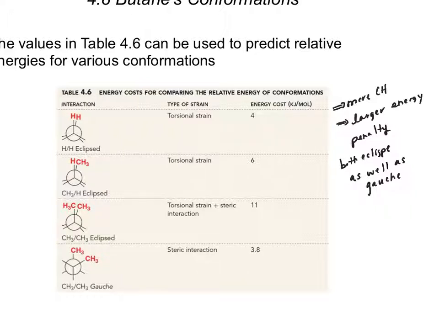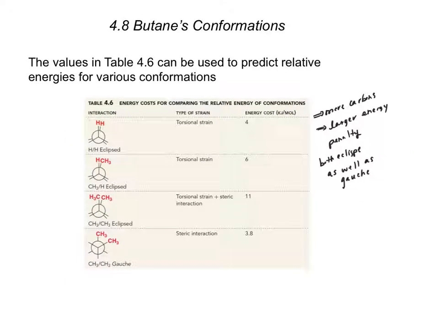So more carbons, more penalty. We can use that as a guide to help us figure out what these various low and high energy conformations would be.